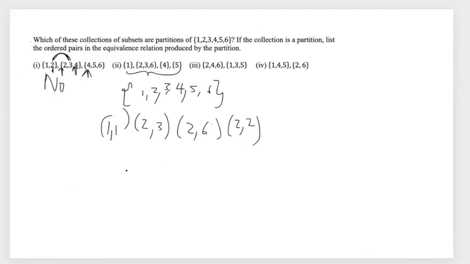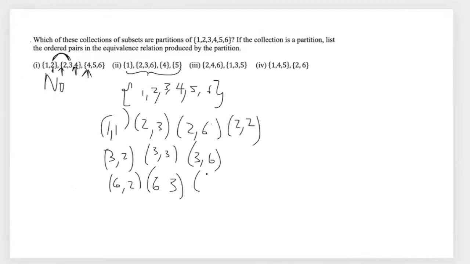Then I'm going to do it for 3. So I have 3, 2, 3, 3, 3, 6. Then we have 6, 2, 6, 3, 6, 6. And also 5, 5.